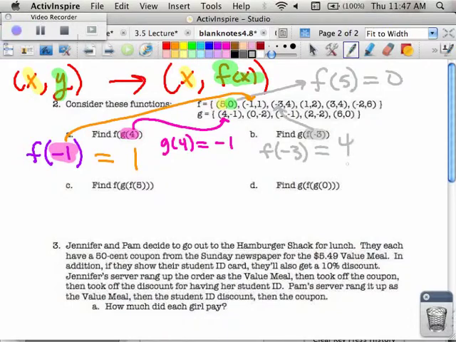That's F of negative 3. But I don't want F of negative 3. I really want G of F of negative 3. So that's telling me I really want G of 4. Because whatever I found, I shove in there now. So now I go to the 4 for the G, and it's negative 1 again. Yeah, because G of 4 was negative 1 the first time also.